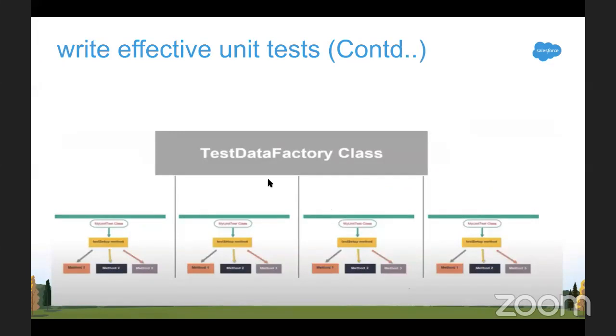I think this picture gives a brief idea. The test data factory is one class which we can leverage in any number of classes. We can even call it a utility class or global class, which is shared among all the test classes.